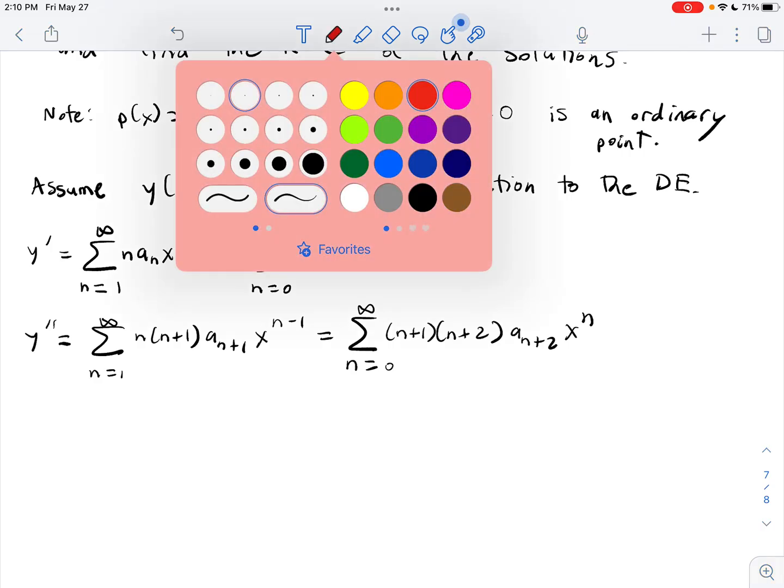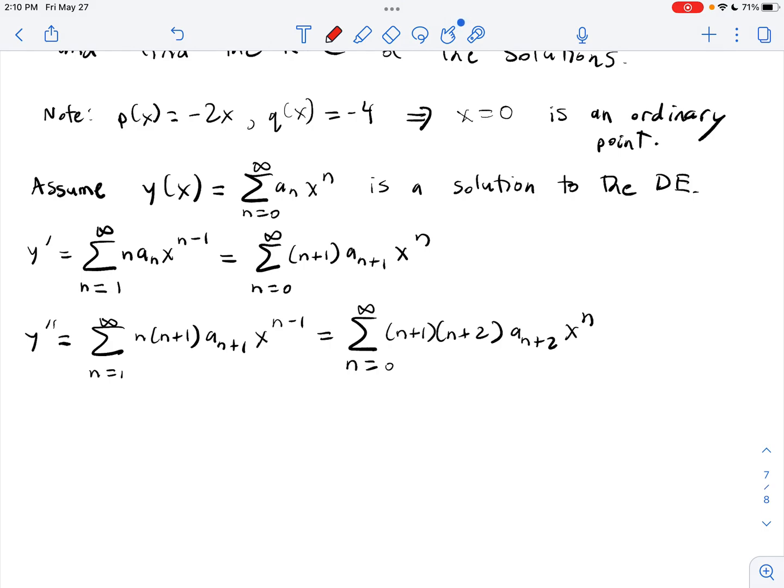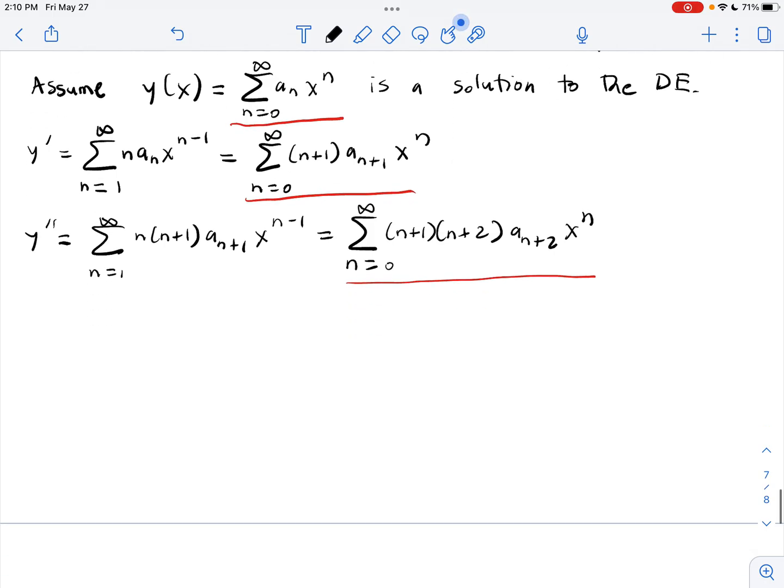Okay, so we have now, let me underline the three pieces. We have the original assumption, we have y prime, we have y double prime. Now we're going to plug into the differential equation.